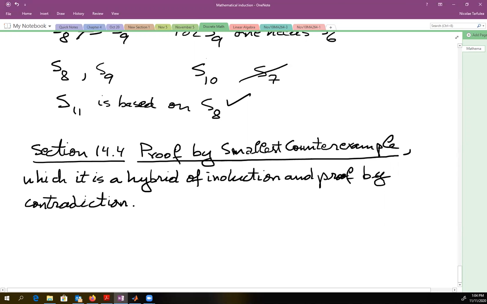Okay. Well, here is an outline of this method.